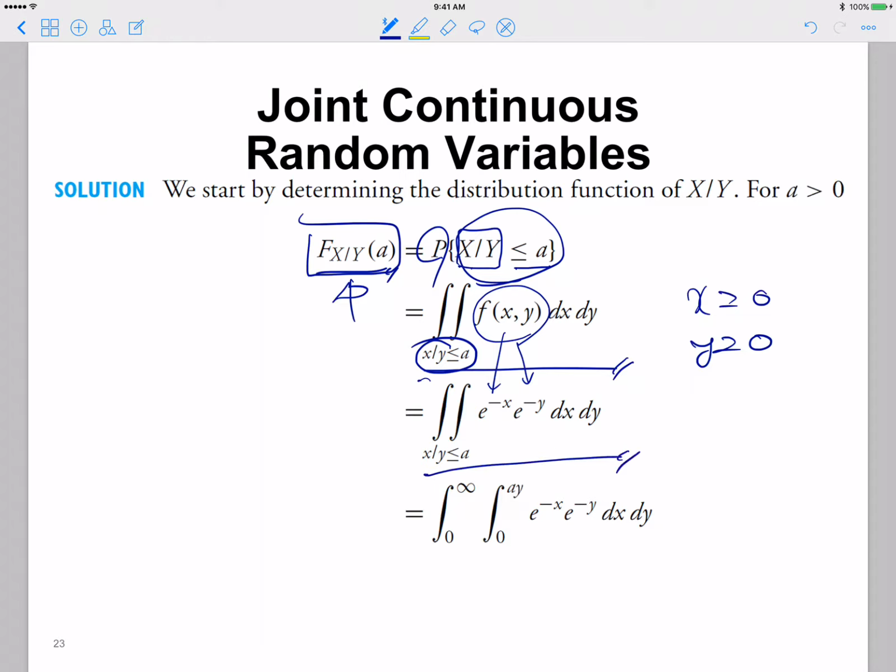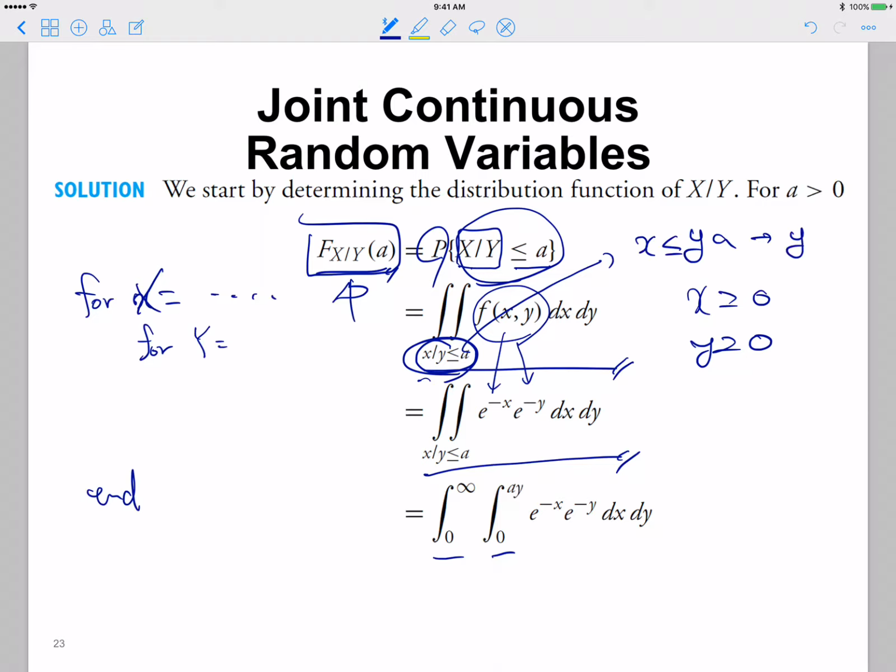Then to represent this, you can think about it as a kind of double for loop. So we consider all the possible x values, and inside of it we have another nested for loop, and y should be x over a.